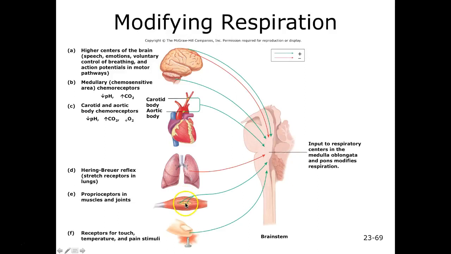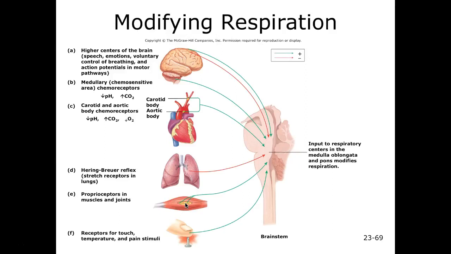We have some proprioceptors in our muscles and joints. And just to refresh your memory, these proprioceptors are sending sensory information to our brain, telling us where our joints are, where our tendons are in space.